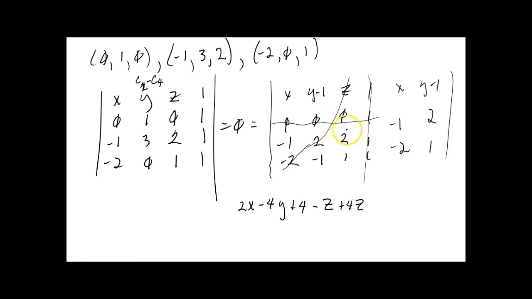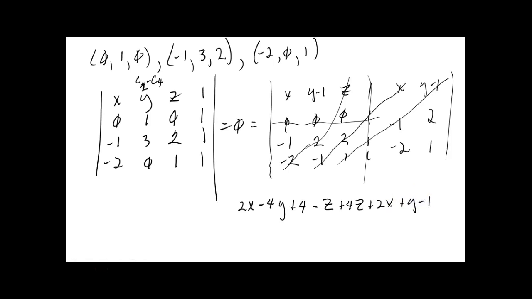Next up diagonal would be that one, and would have been a minus 2x, so it becomes a plus 2x. And then the final one was this one, which would have been a minus 1 times that is plus 1, so it's just plus y minus 1.